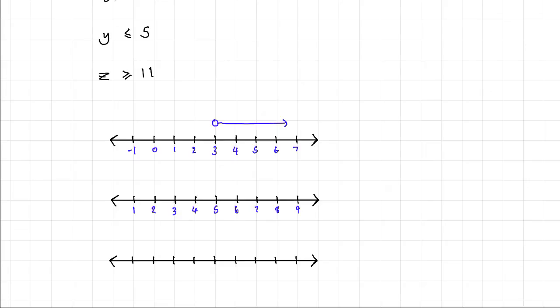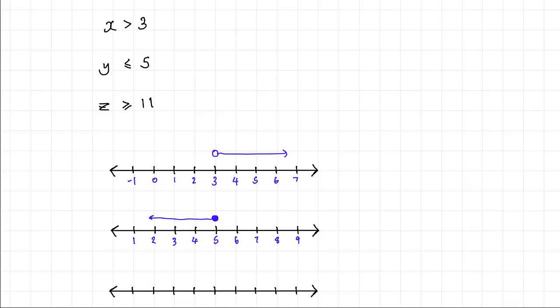So we have y is less than or equal to 5. Now this time we are including the 5 and everything less. This one is a little bit easier. So we go to the 5 and we actually draw a closed circle. This closed circle is showing us that the 5 is included. And then I just need to draw an arrow this way to show I'm including all the numbers going this way as well.